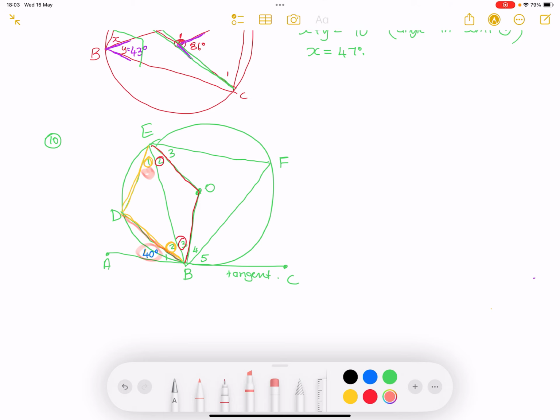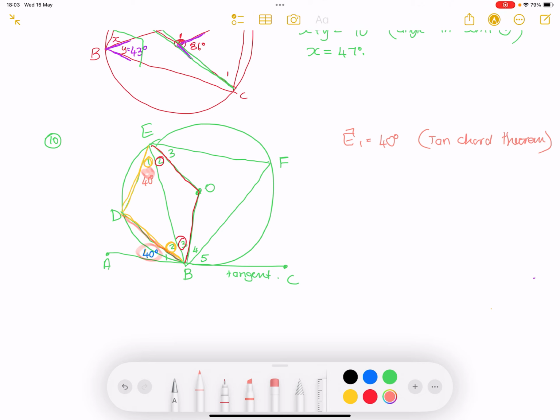Tan chord theorem. So we're going to say that E1 is equal to 40 and that is the tan chord theorem. Okay, so then we write there 40.